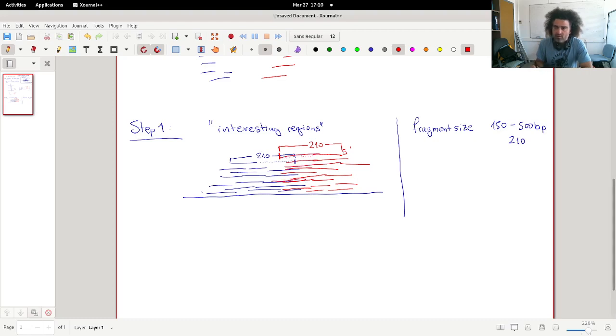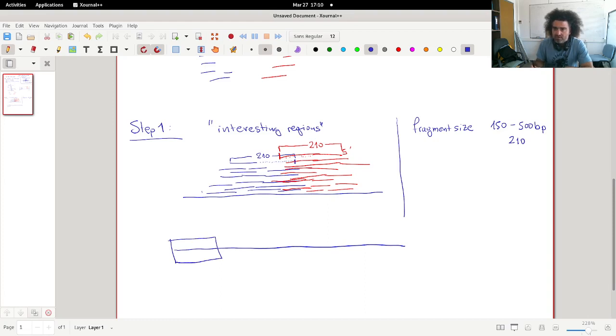Now why do we do that? Because the next step will be to scan the whole genome using a sliding window that has approximately this size, 210 base pairs, to identify interesting regions.